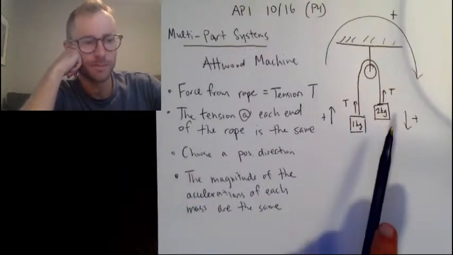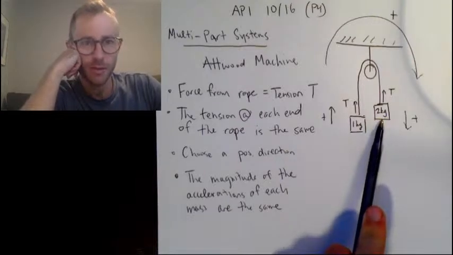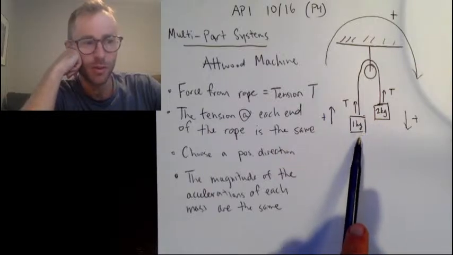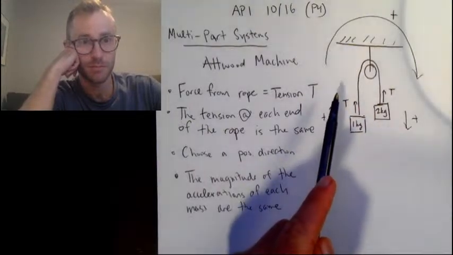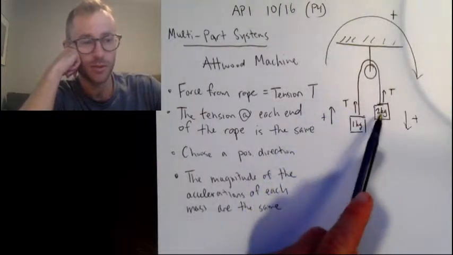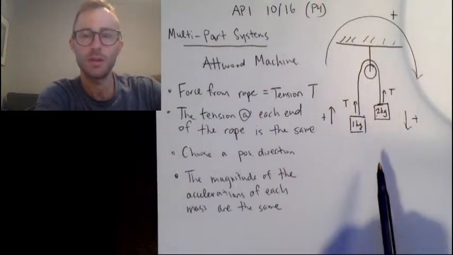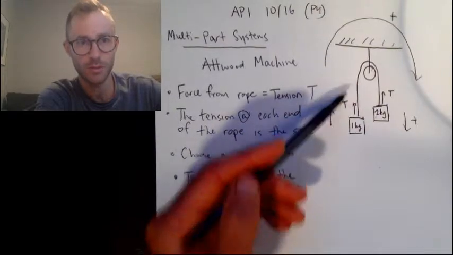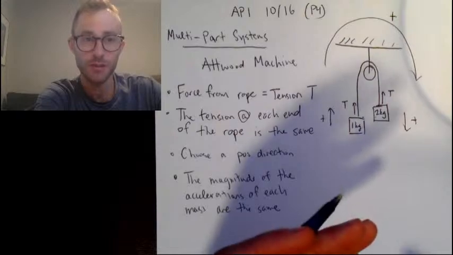So why is that true? Because if the 2 kilogram mass falls 1 meter in 1 second, then the rope is going to pull the 1 kilogram mass up 1 meter in 1 second. You get it? If the 2 kilogram mass falls 3 meters in 1 second, then the 1 kilogram mass rises 3 meters in 1 second. So what that means is they have the same position time graphs, essentially.